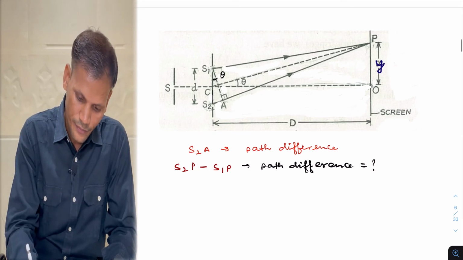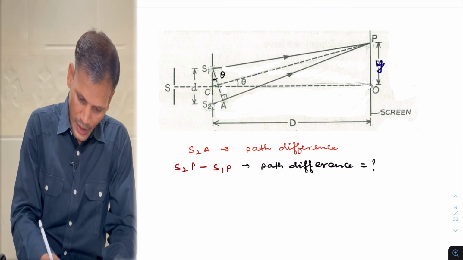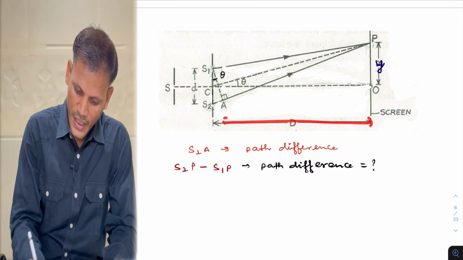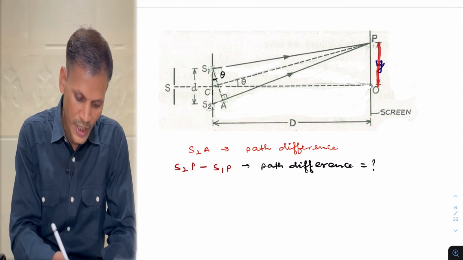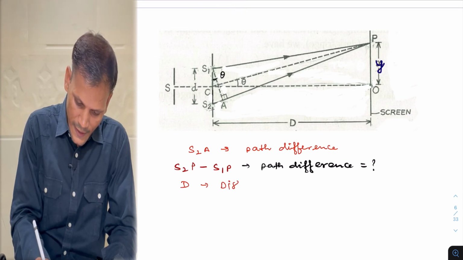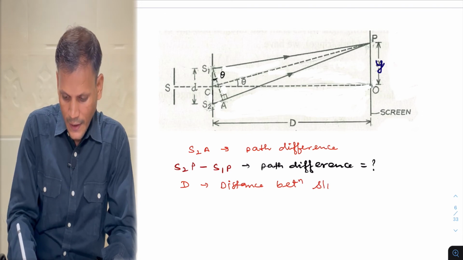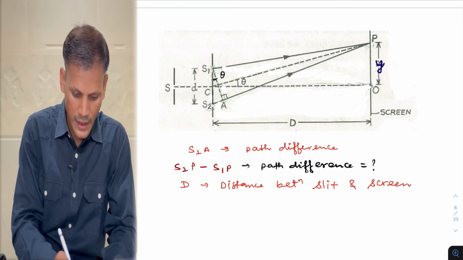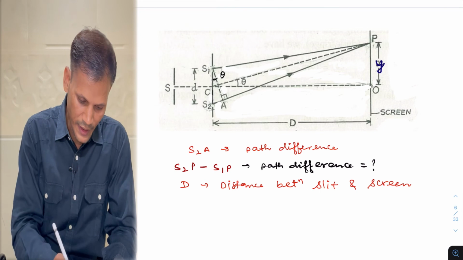And we have once again this term: capital D is the distance between slit and screen.